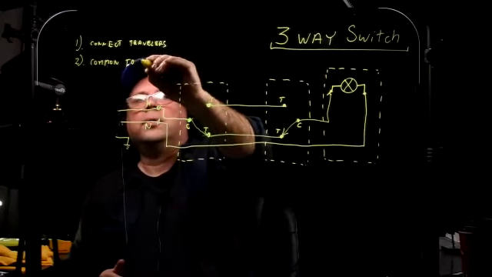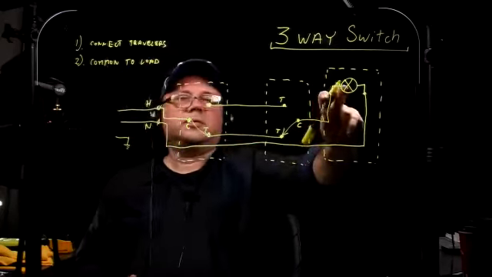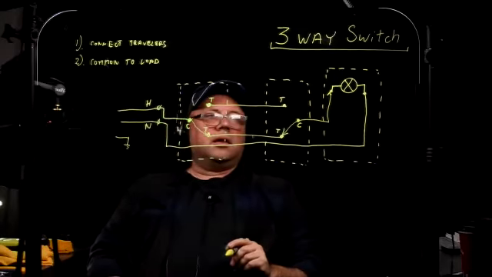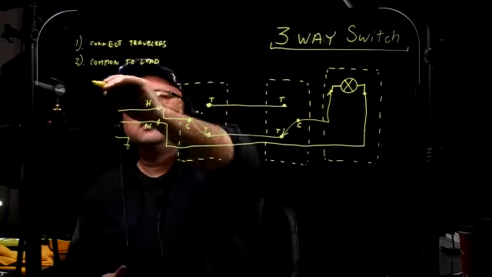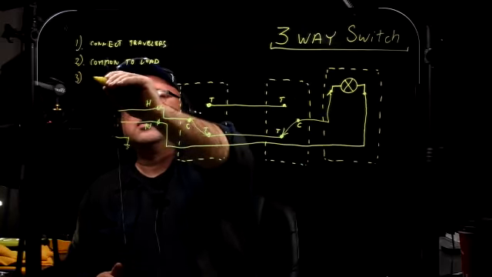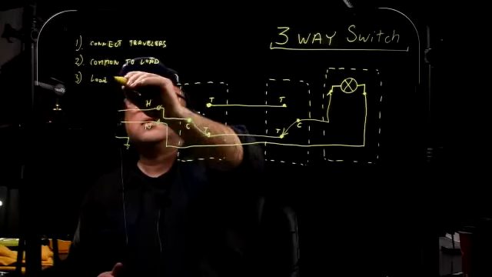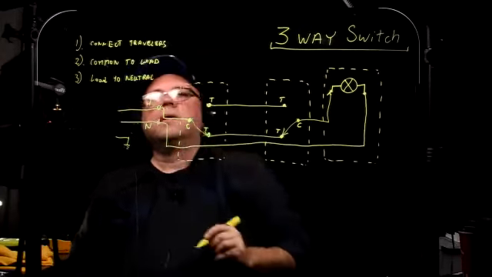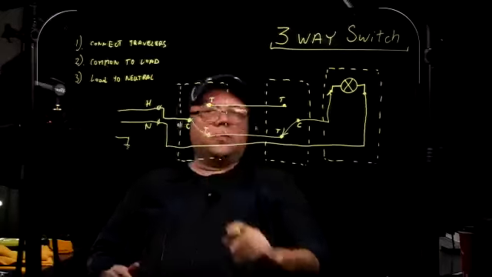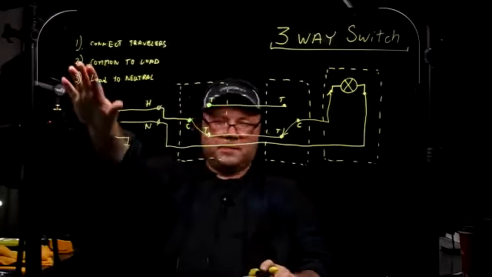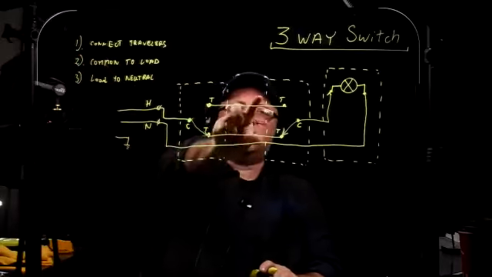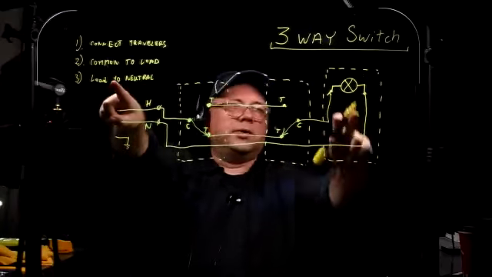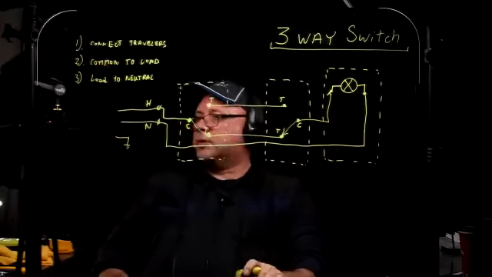To load. That's our load, which is a light bulb. Okay? And then the other terminal, load to neutral. Right? Three steps. Connect travelers, common to load, and load to neutral in order to close the circuit.